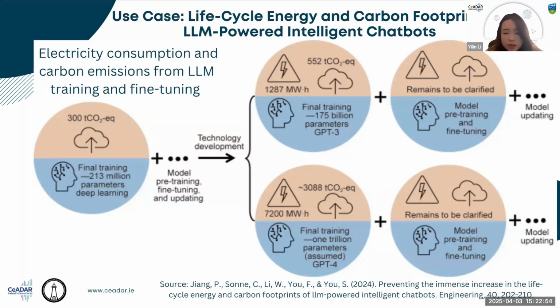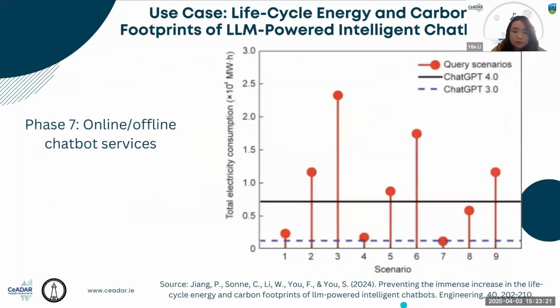These numbers don't even count all the testing, fine-tuning and updates that happen before and after the final model is trained. So as models get bigger, the energy use and emissions will grow faster. This is why we need to focus on making the training process more efficient.